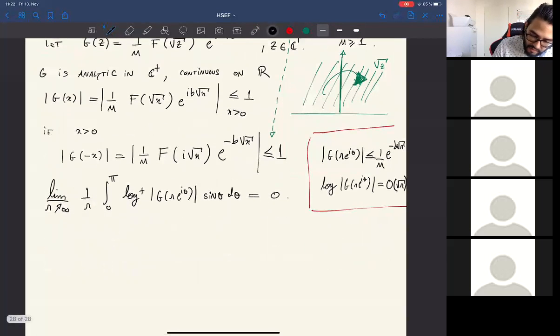Then I can apply the Fragment-Lindelof principle.